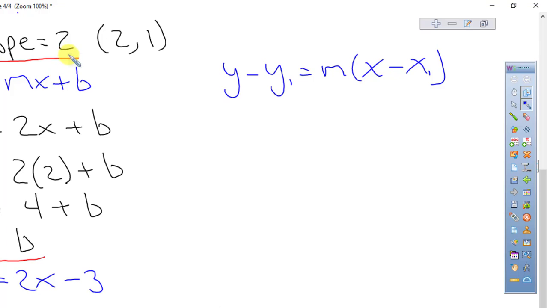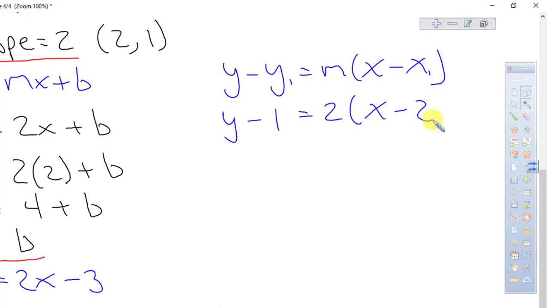I know the slope is 2. I have an x value, and I have a y value. So let's substitute those in. So I put in 2 for the slope. I put in 2 for x1 and 1 for y1.